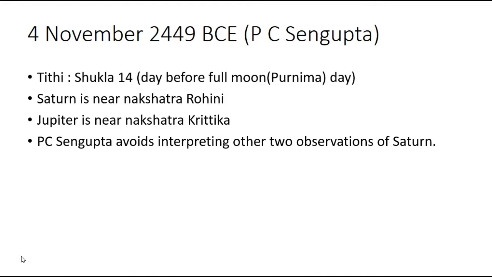And while Sengupta uses this position of Saturn near Rohini to claim, rightfully so, the corroboration of Saturn afflicting Rohini, he is silent on all the astronomy observations, and there are a lot of them, in Adhyay 3 of Bhishma Purva. He avoids interpreting all the other observations of Saturn, other observations of other planets, and somehow explains it away.